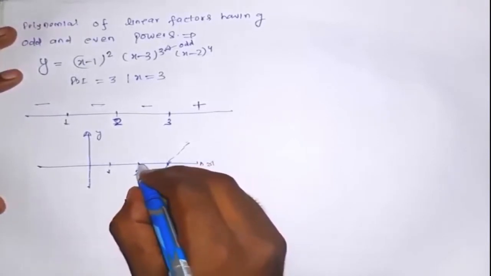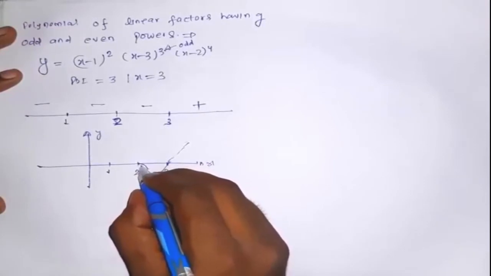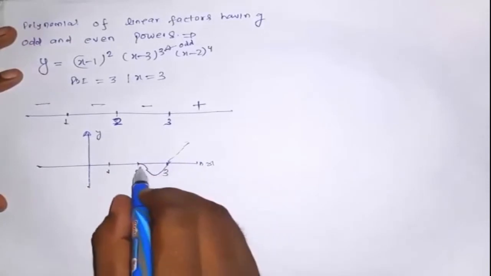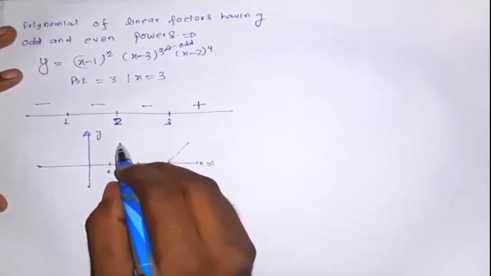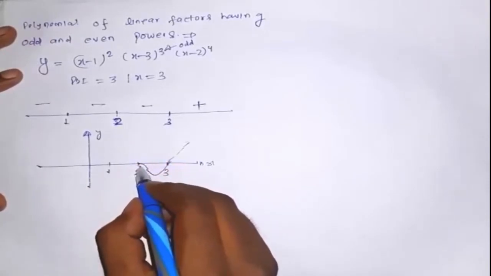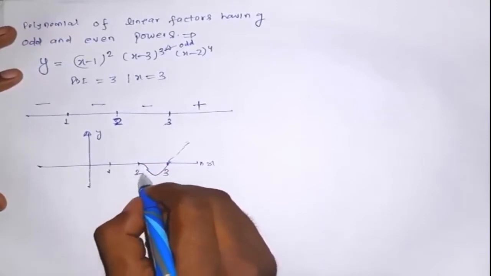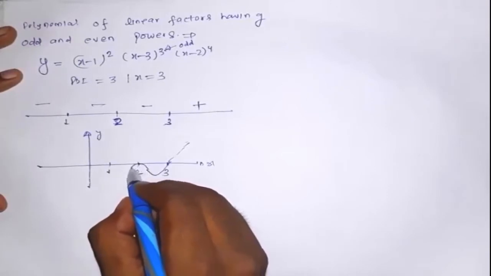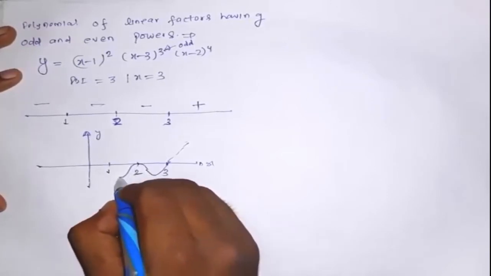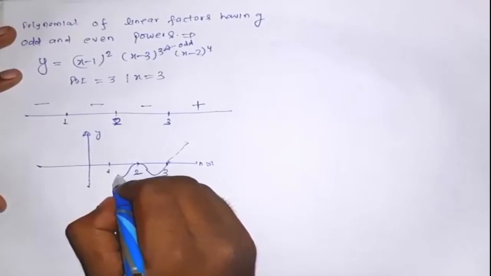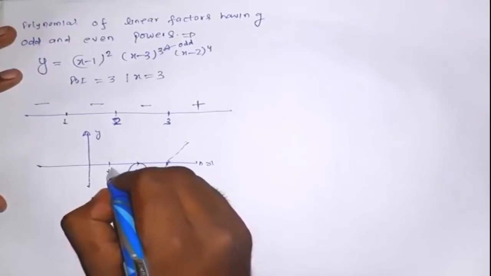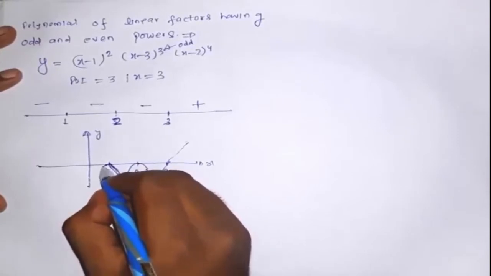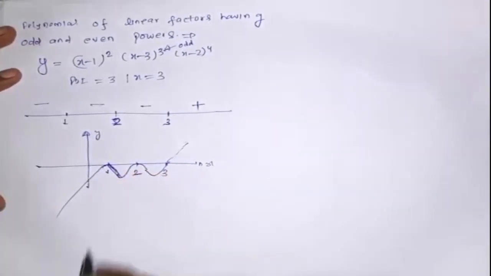Here the portion for x greater than 3 is positive. So we will start like this, and we will go like this, and as 2 is a root of this function, for x equals 2 the function value will be 0. So it will touch the x-axis like this and will not go beyond it into the positive region of y, because at this point the function will not change its sign, since x equals 2 is not a point of inversion.